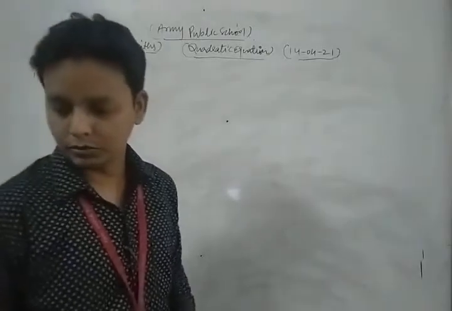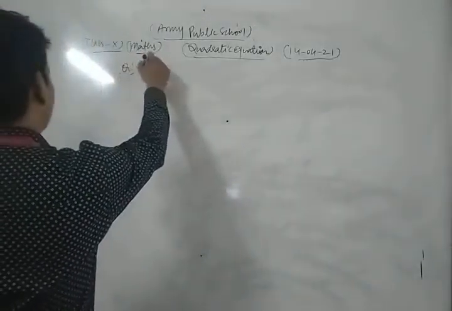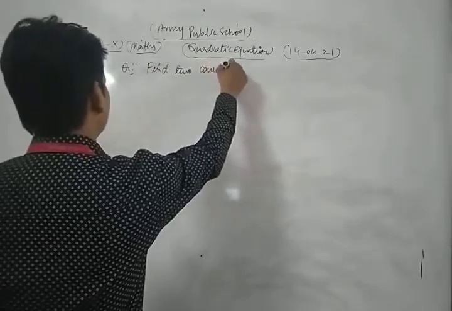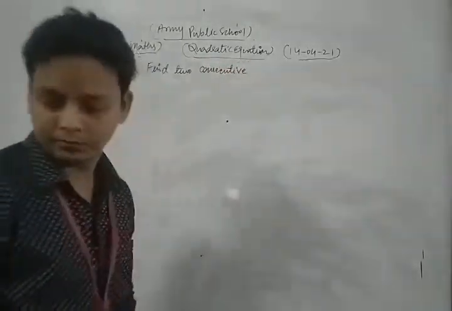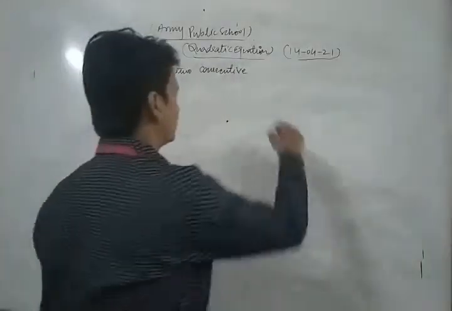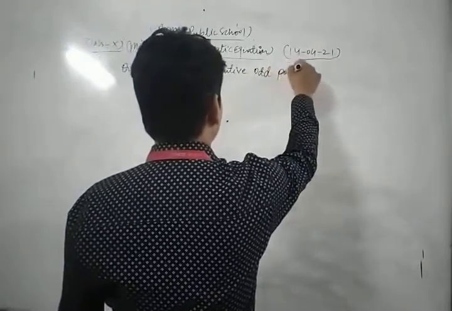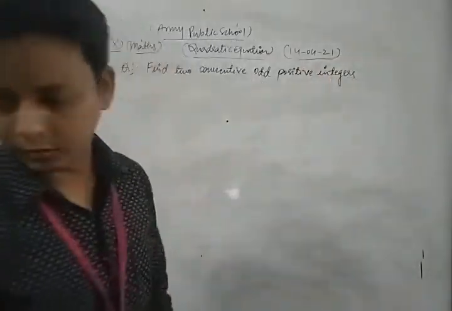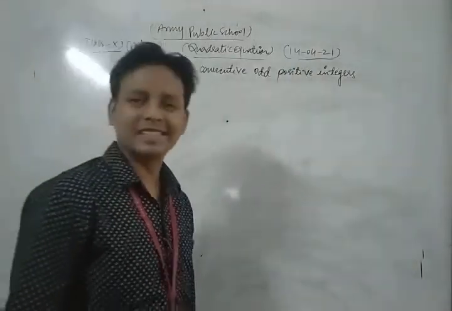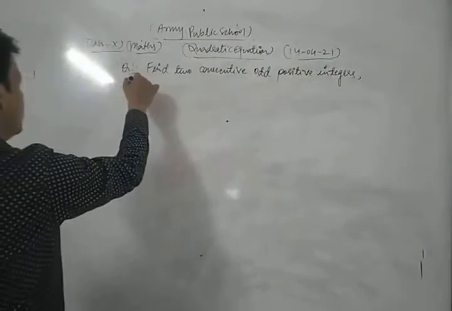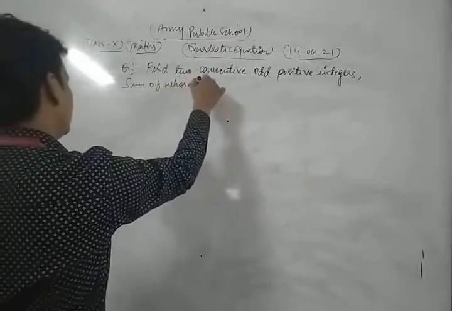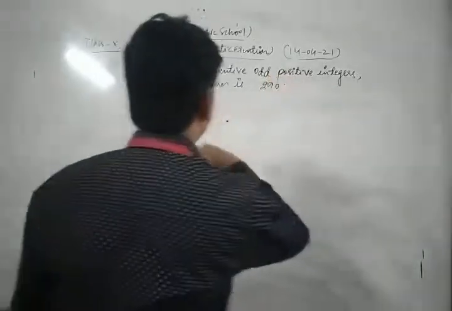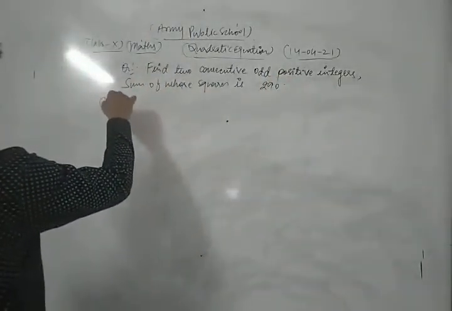The question is: find two consecutive odd positive integers, the sum of whose squares is 290. Let's see a solution.